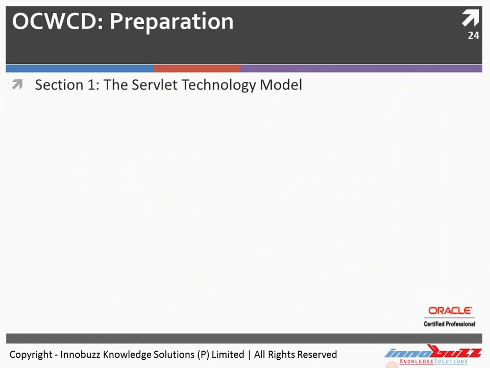So in section 1, you can find the servlet technology model, where you have all kinds of concepts like HTTP methods, get, post, put, and so on, and you also need to know about HTTP servlet request, response, and the purpose and event sequence of servlet lifecycle methods.